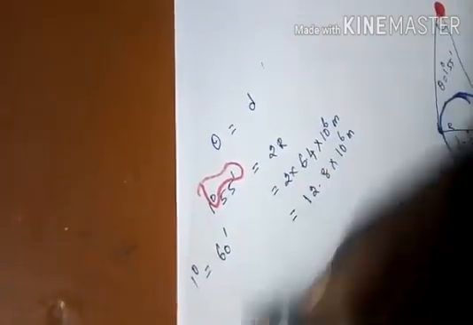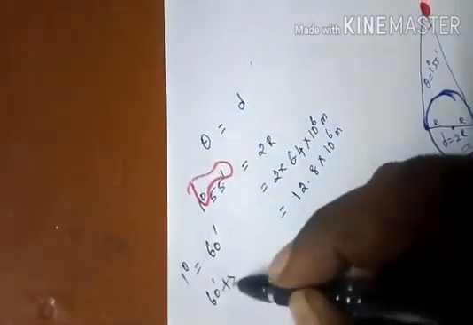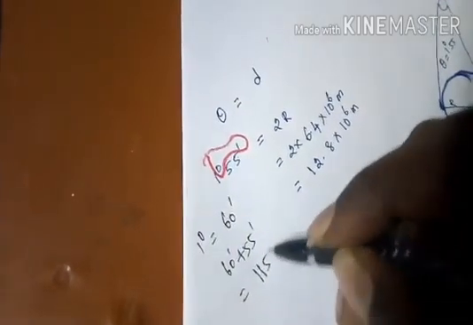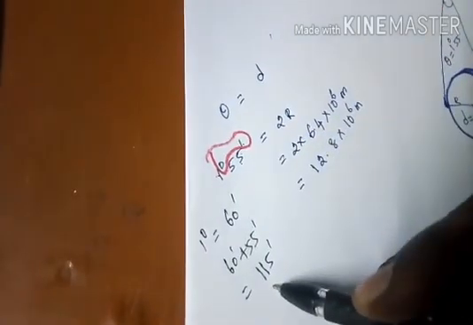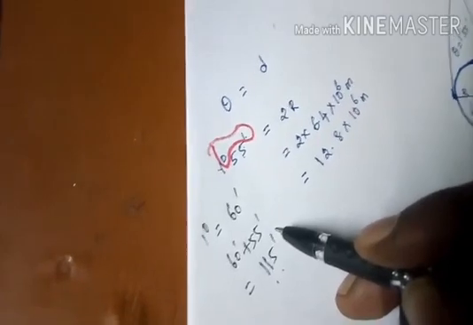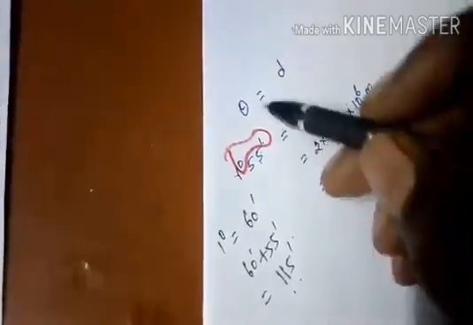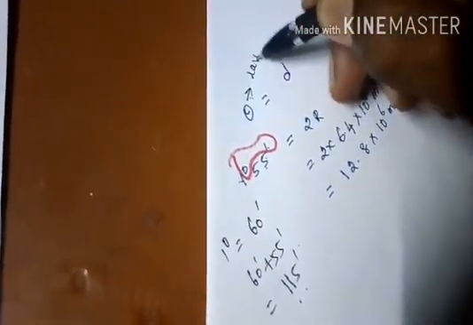So 60 minutes plus 55 minutes, totally 115 minutes. So 1 degree 55 minutes is equal to 115 minutes.